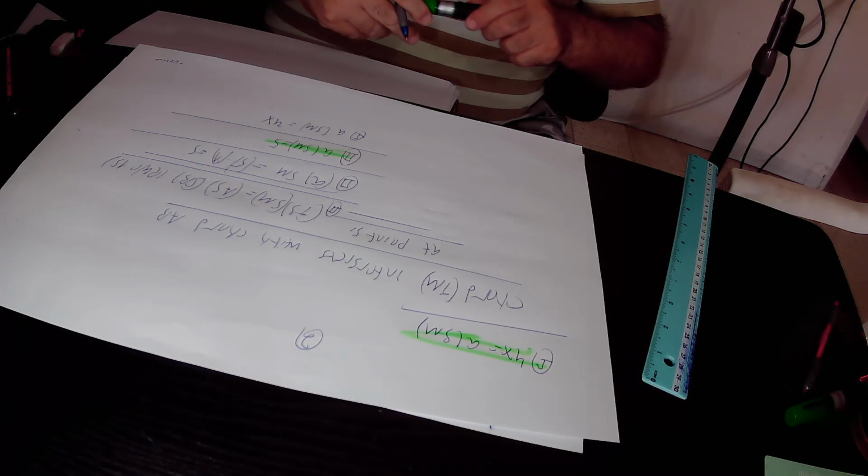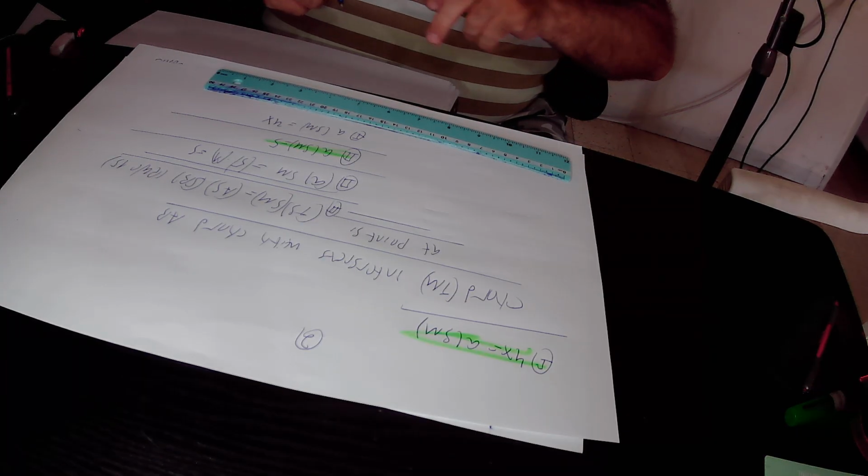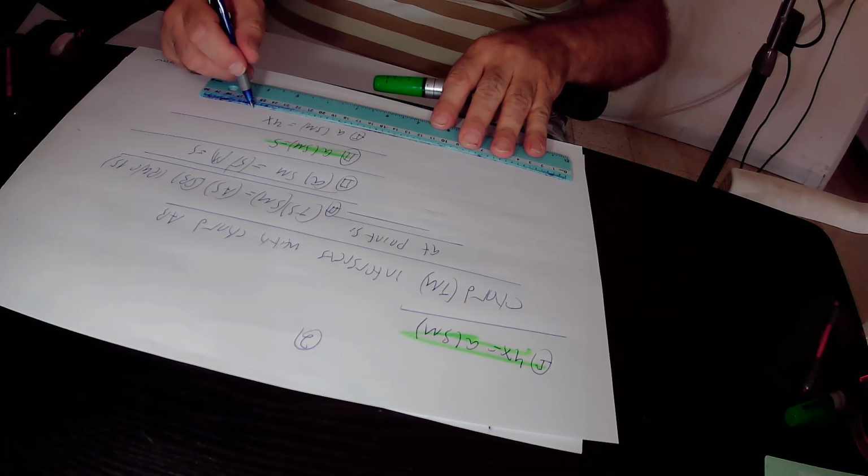So we have two different equations for the expression A times SM.